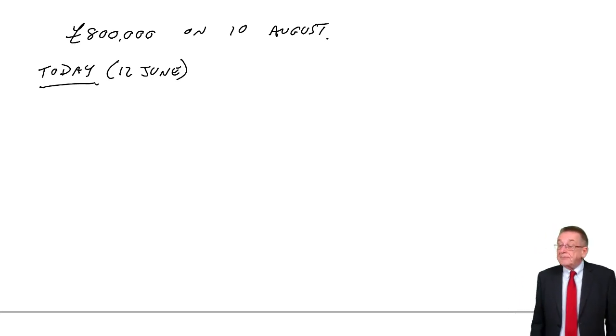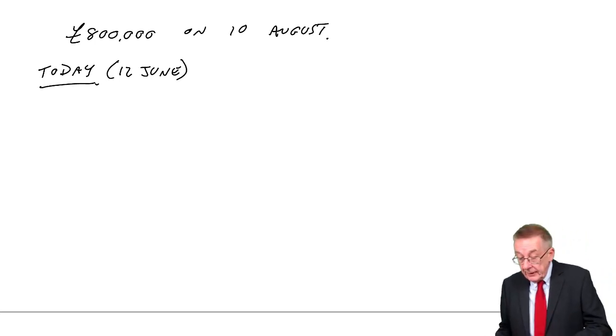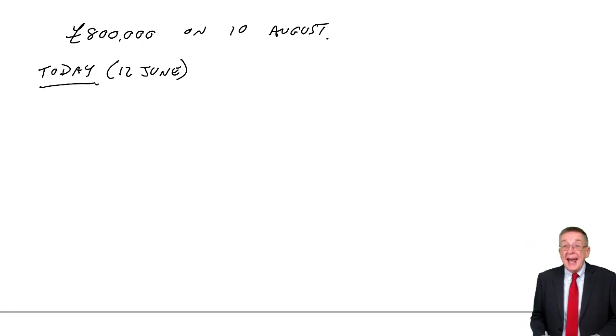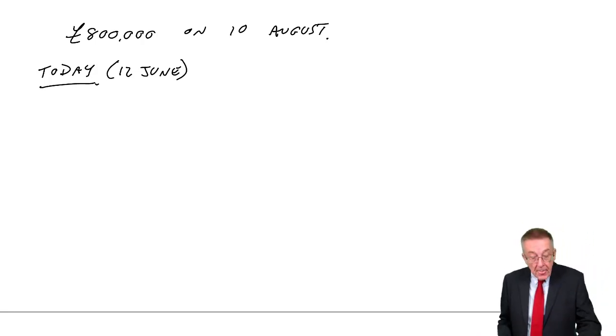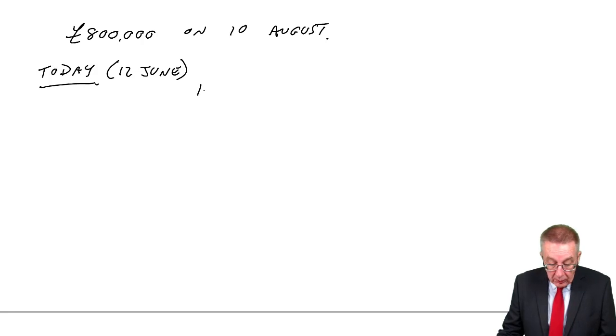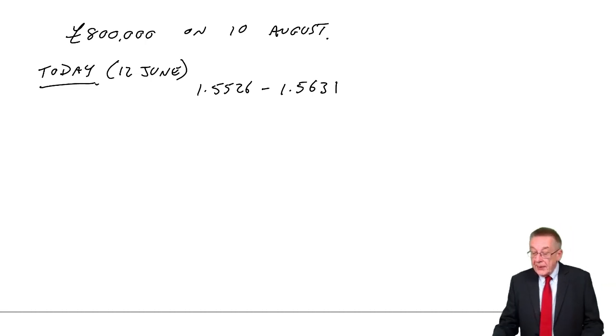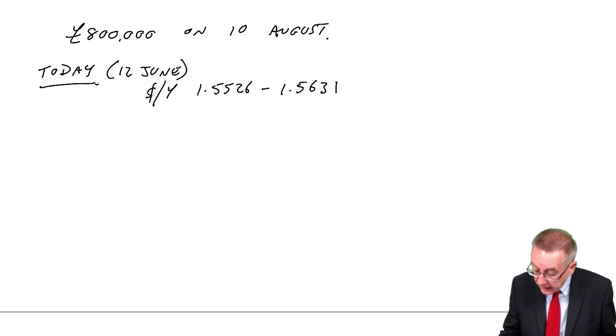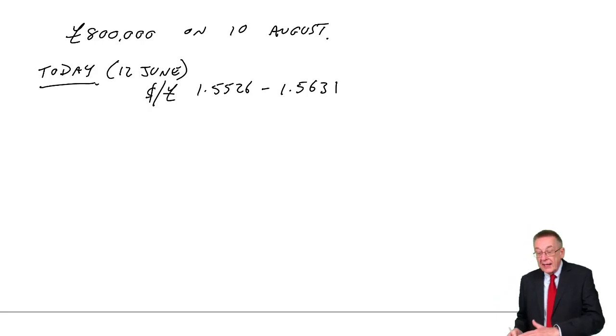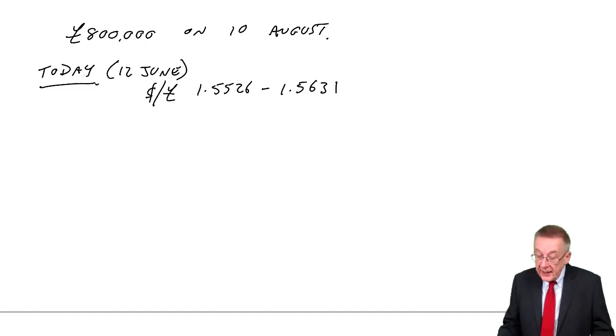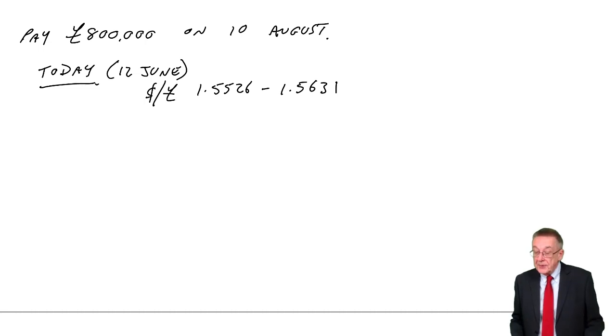So if we were converting today, which is the 12th of June, then of course again we'd buy those pounds at today's spot rate. And the spot rate is 1.5526 to 1.5631. Now this is dollars to the pound. So £1 will cost us 1.5 something dollars. And so since we need to pay this, we need to buy £800,000.